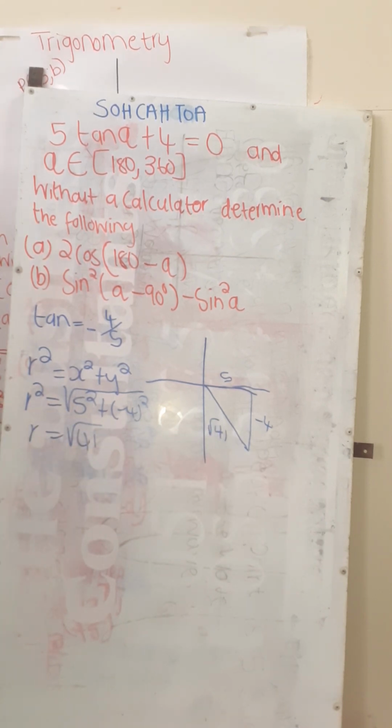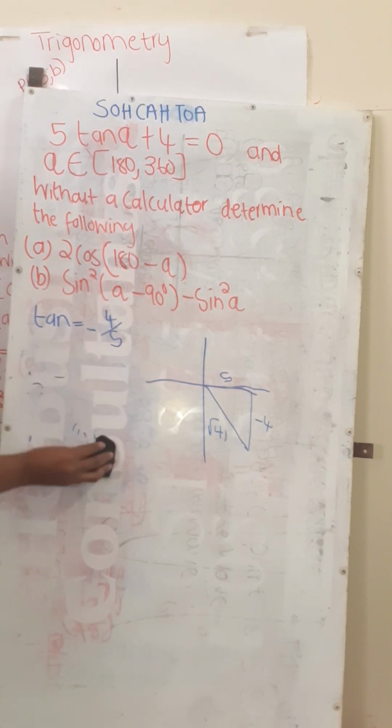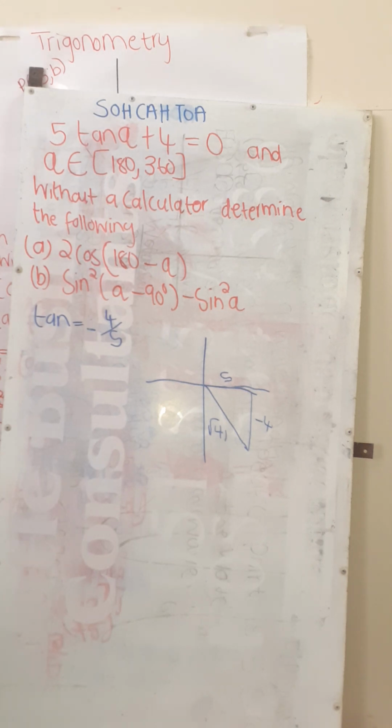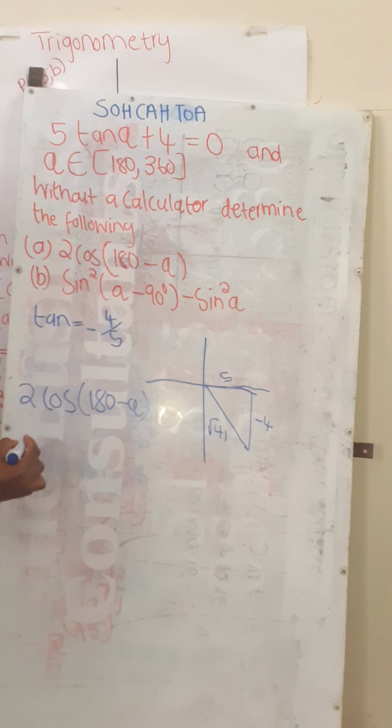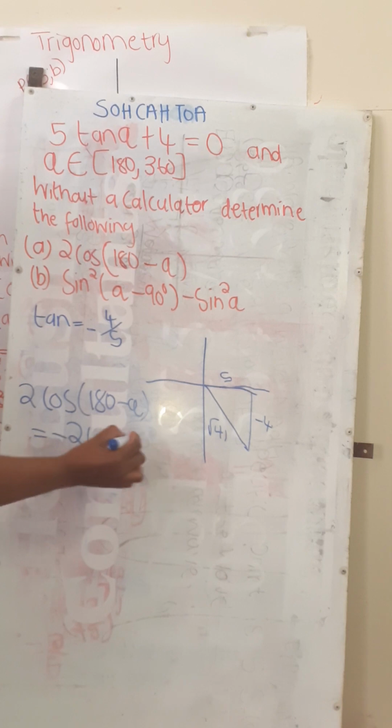Now, because we have the radius as root 41, we can calculate 2 cos(180 minus alpha). In that quadrant, cos is negative. So because cos is negative, 2 cos(180 minus alpha) equals -2 cos alpha. What is cos?